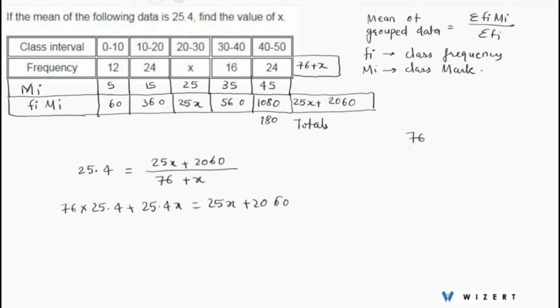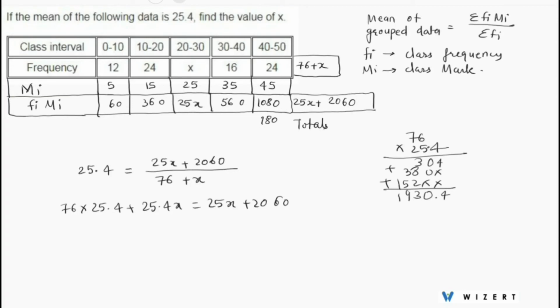So let's perform this multiplication. 76 multiplied by 25.4, we have 6 4s are 24, 7 4s are 28 plus 2 is 30, plus 5 6s are 30, 7 5s are 35 plus 3 is 38, 6 2s are 12, 7 2s are 14 plus 1 is 15.